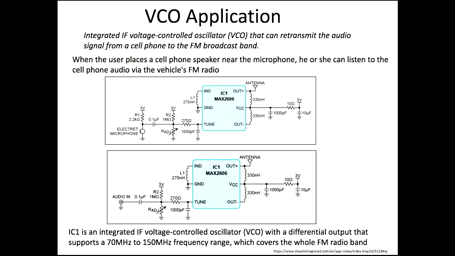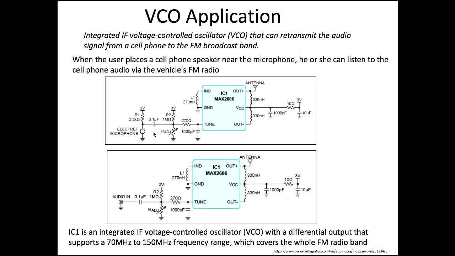So then you can use it. See, there is a MAX2606 IC, and IC1 is an integrated intermediate frequency, that is called IF, voltage controlled oscillator with a differential output that supports a 70 megahertz to 150 megahertz frequency range, which covers the whole FM radio band.